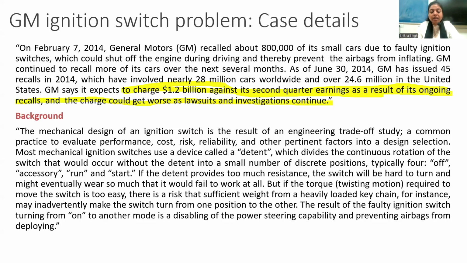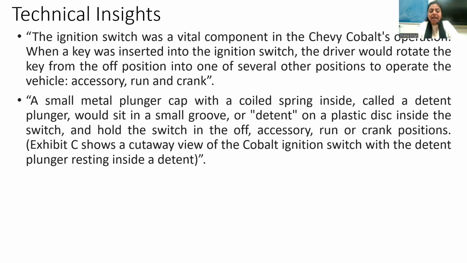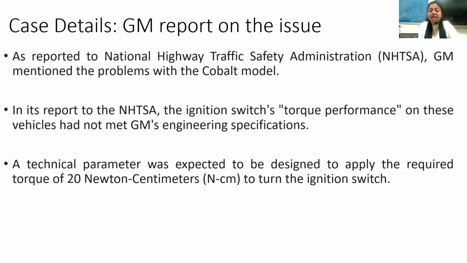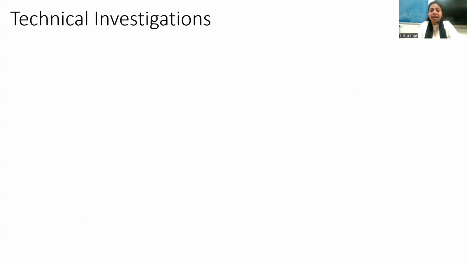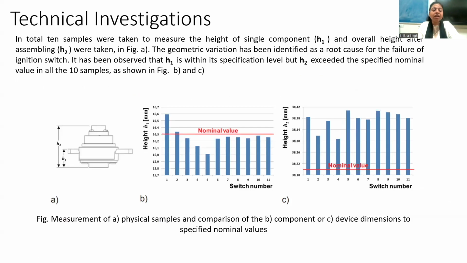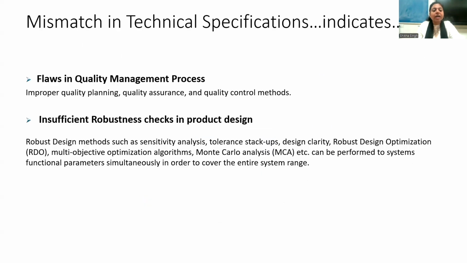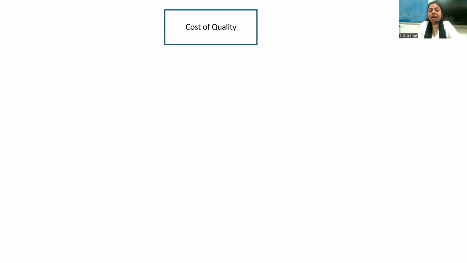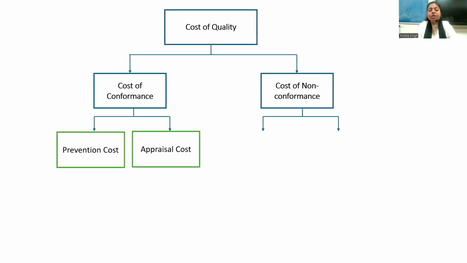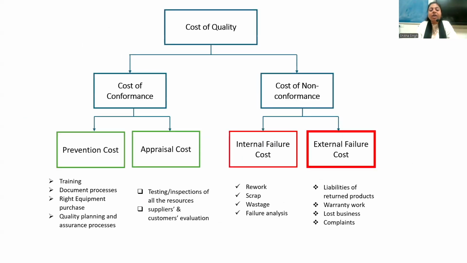So this is how quality in systems engineering cannot be missed out. As we have seen in the House of Quality also, everything has been discussed in that lecture. You may review that session, right? Here I'm just trying to talk about the quality management process and how it is related to cost.